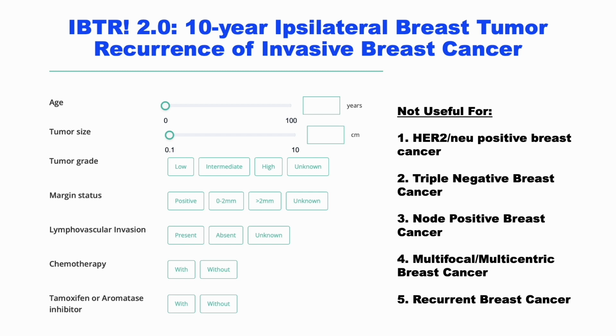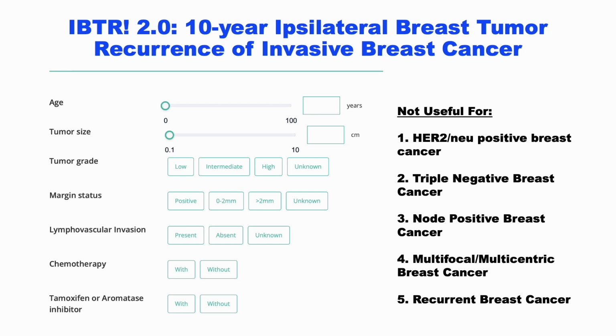This tool integrates 7 different variables: age, tumor size up to 10 centimeters, tumor grade, margin status, the presence of lymphovascular invasion, use of chemotherapy, and use of anti-estrogen therapy to estimate the relative benefit of radiation therapy and the relative benefit of anti-estrogen therapy.